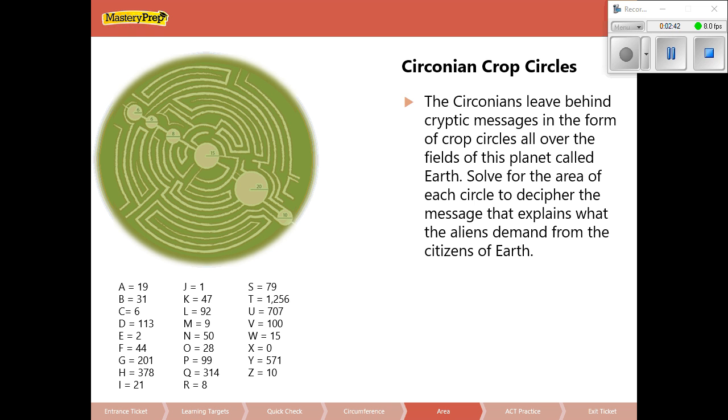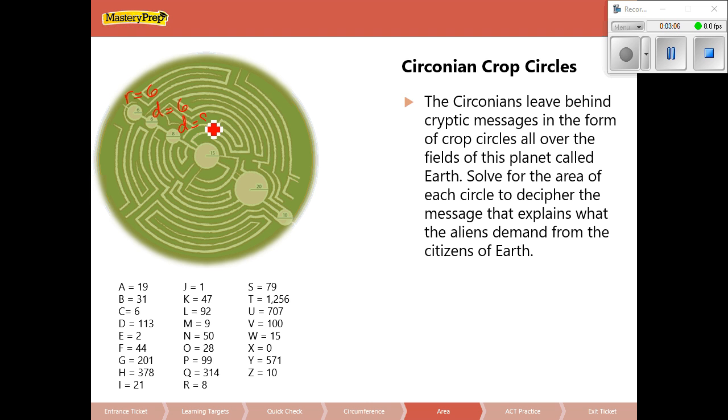The area of each circle in the diagram corresponds to a letter. So, what information do we need? Well, it would be good to know either the radius or diameter of each circle. So I'll give it to you guys here. When we look at this here, the first circle has a radius of 6. The second one has a diameter of 6.